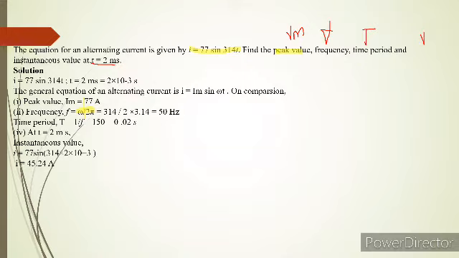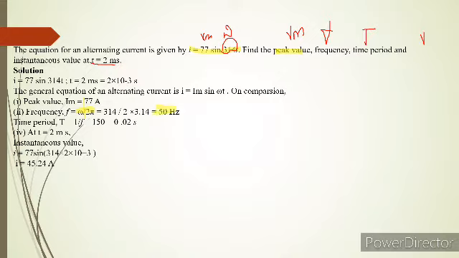In the last slide I showed you the formula: this is Vm sine omega t, and this is the omega part. So 314 we take, divided by 2 pi, that is 2 into 3.14, and we get 50 hertz as the answer.